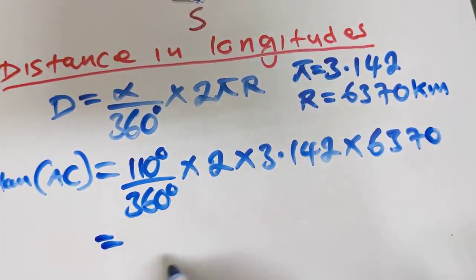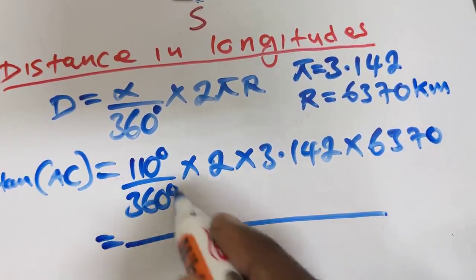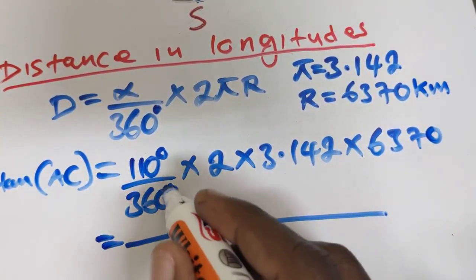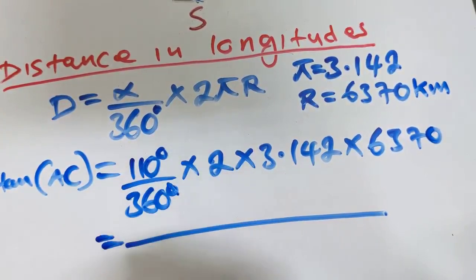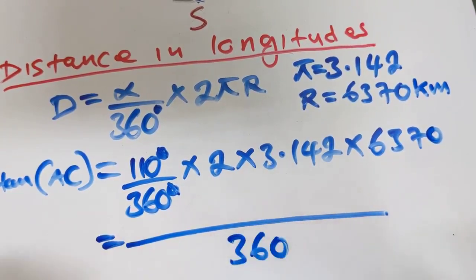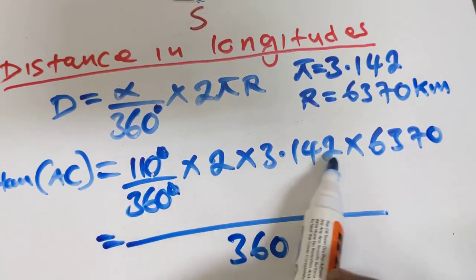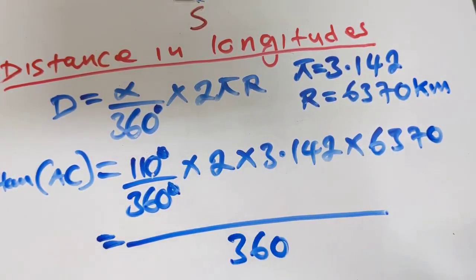So what you do, you just get this 360. This degree has gone with that degree, then there is just 360 left there. Then you're supposed to multiply this 110 times 2 times that times that. For you to get all the marks, this is what you're supposed to do.